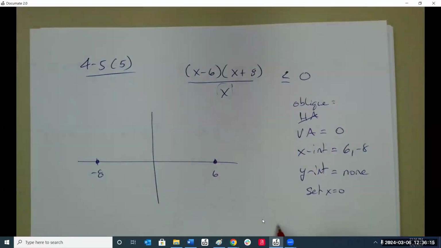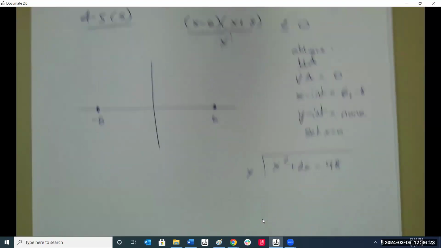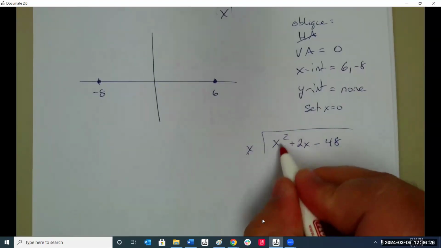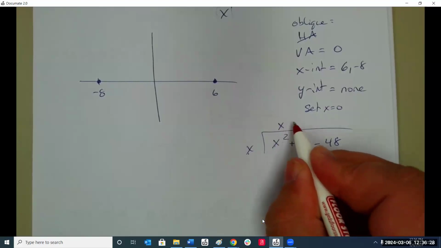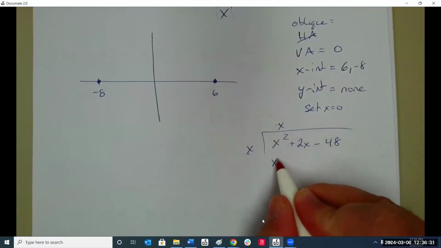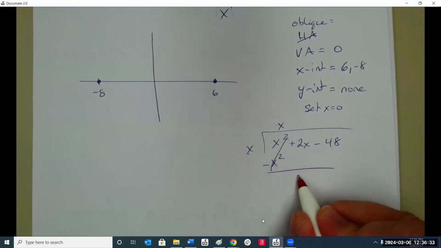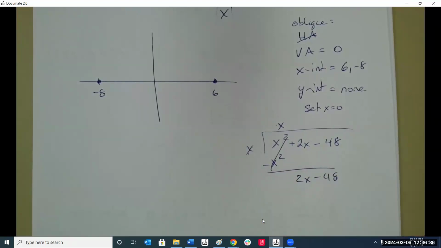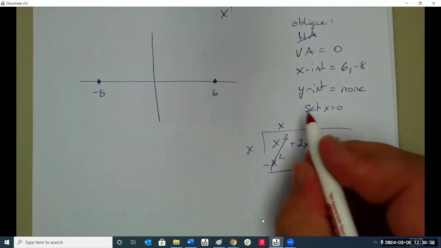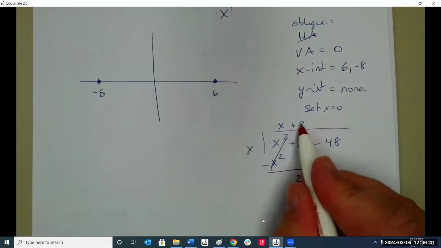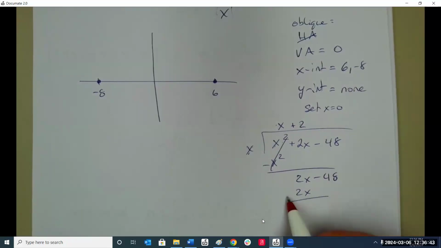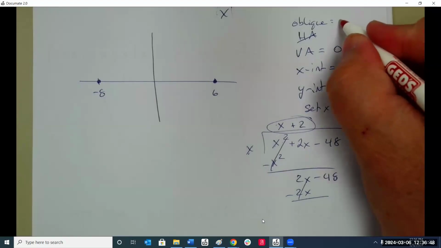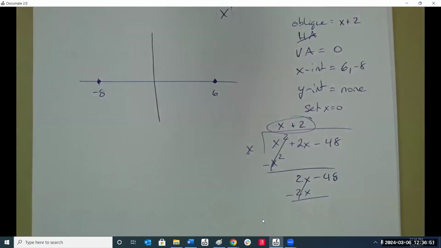So if we multiply those all together, we get x squared plus 2x minus 48 divided by x. What times x gives me x squared? x. x times x is x squared. Change it. What times x gives me positive 2x? Change it. So this is my equation. That's my oblique asymptote. It has to be a linear equation.